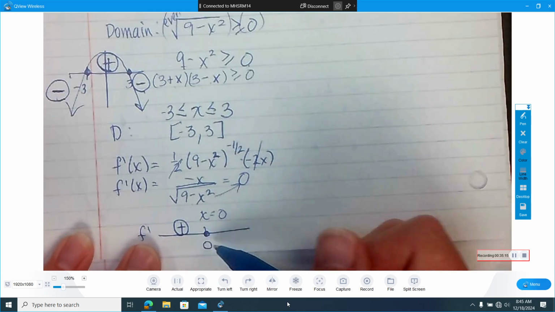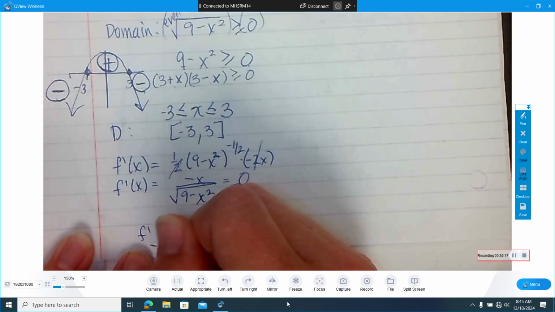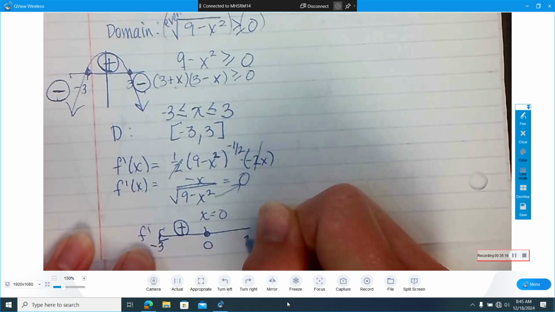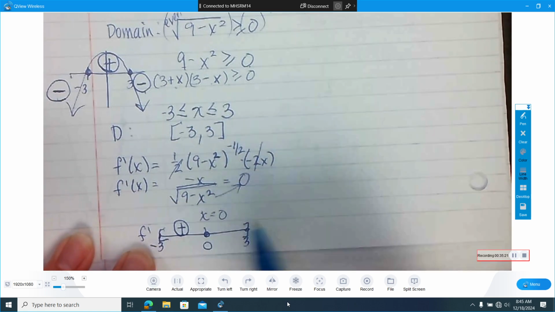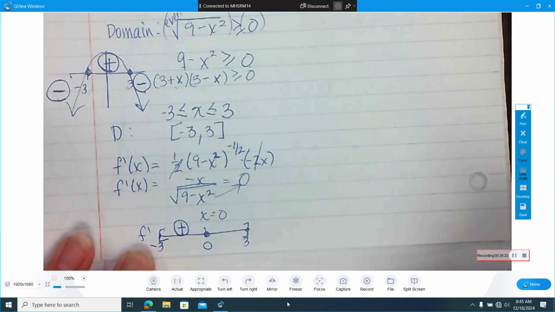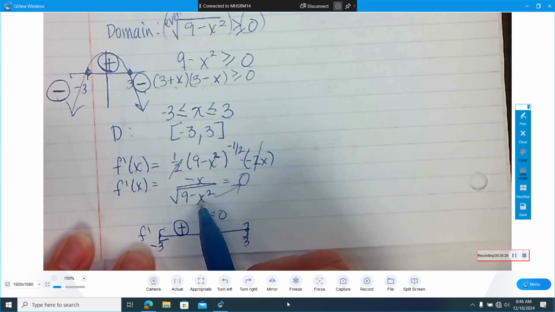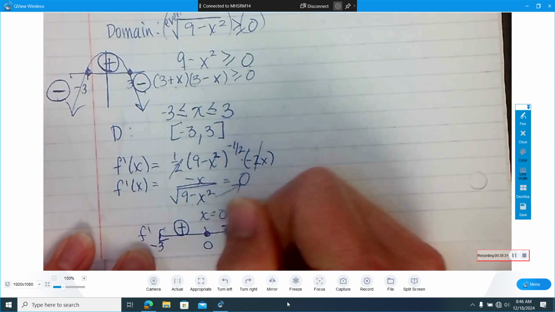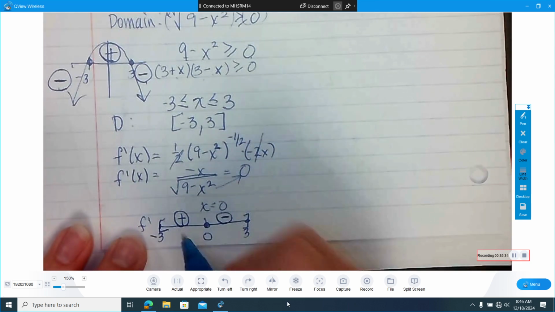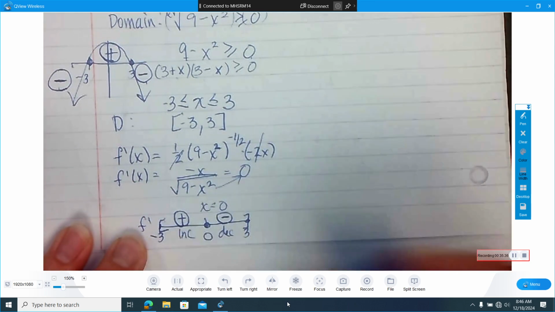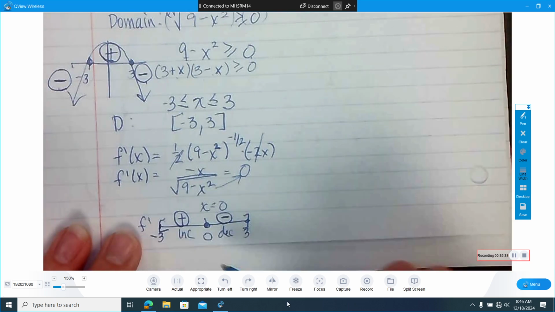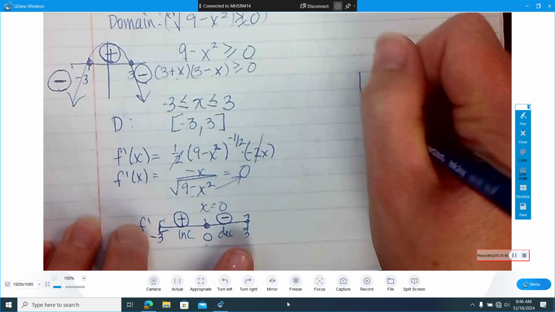And if I plug in, oh, and I'm between negative 3 and 3, so you can't plug in anything, just between negative 3 and 3. So plugging in positive 1, we would get a negative on top and a positive on the bottom. So we're going from increasing to decreasing, and that makes 0 a maximum.